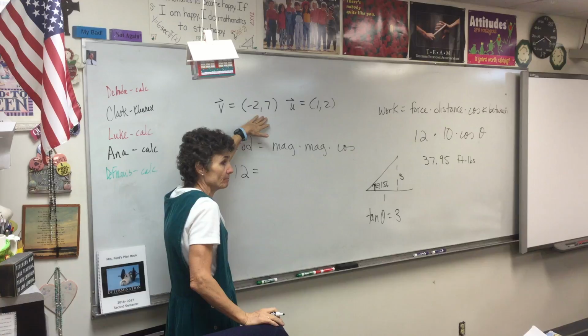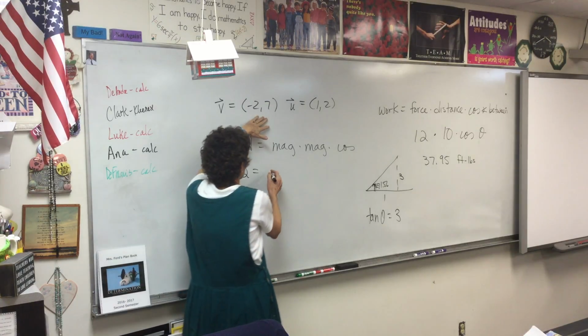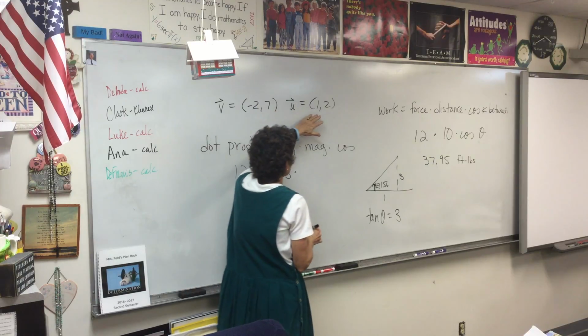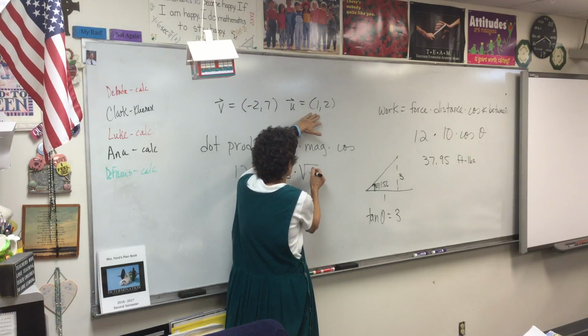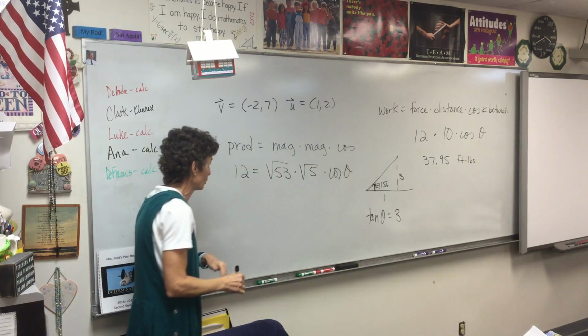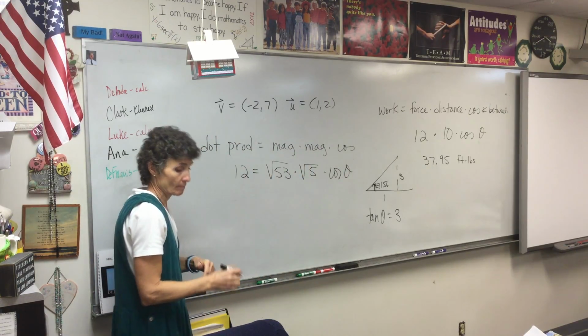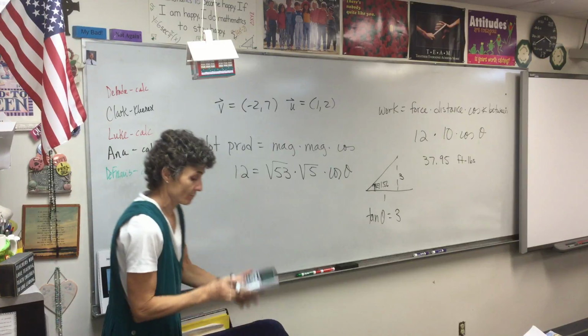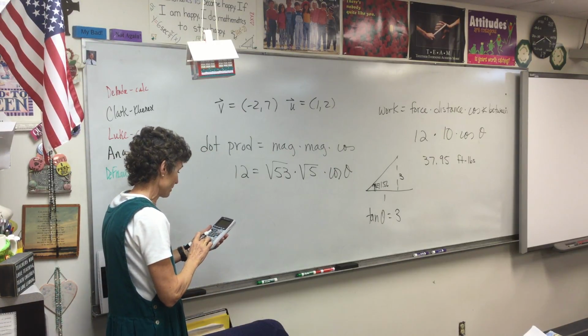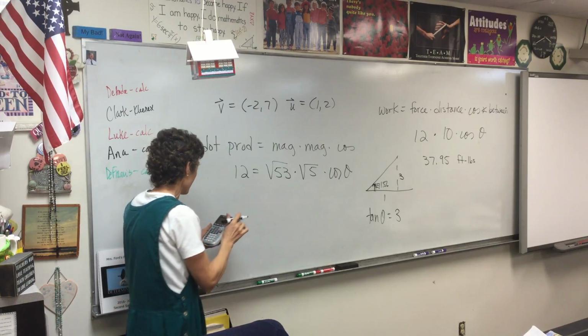Magnitude of this guy, square root of 53. Magnitude of this guy, times the cosine of the angle that I'm looking for. So I'm going to go ahead and multiply 53 times 5.